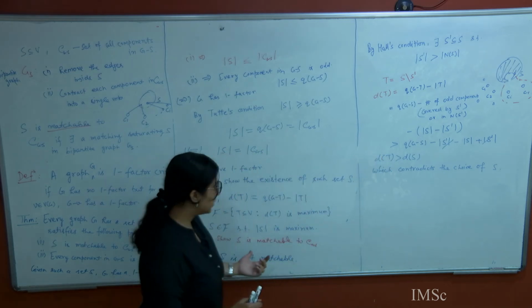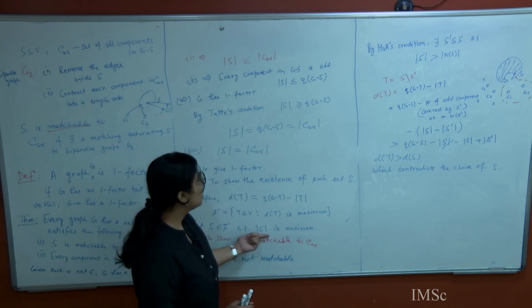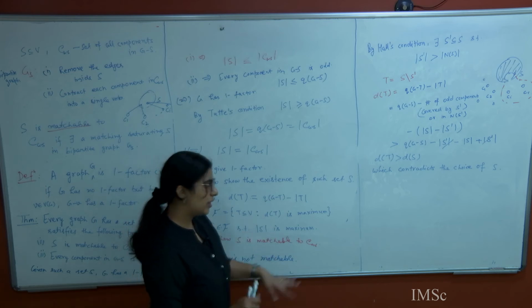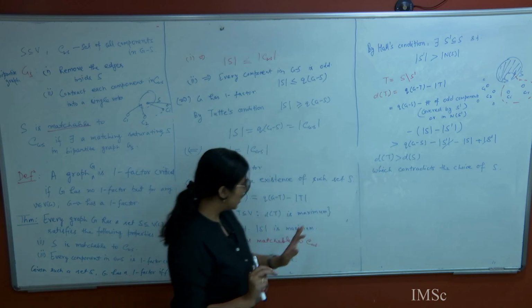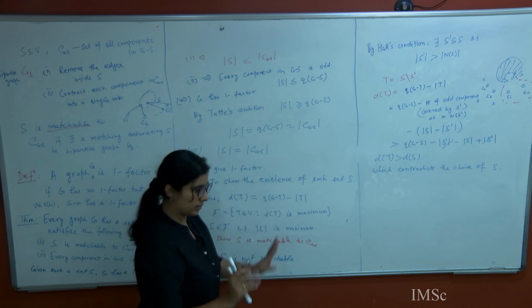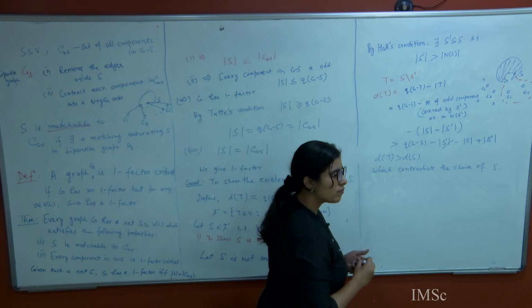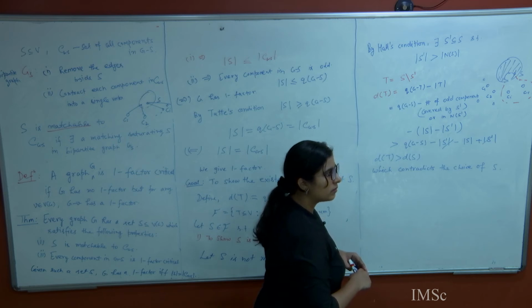My question is, where have we used this fact that the cardinality of S is maximum? Oh, okay. We have not used it here. In this case we have only used that d of S is maximum. So all I'm concerned about is whether it is sufficient to take a set from this family, or we have to take a set which is of maximum cardinality?